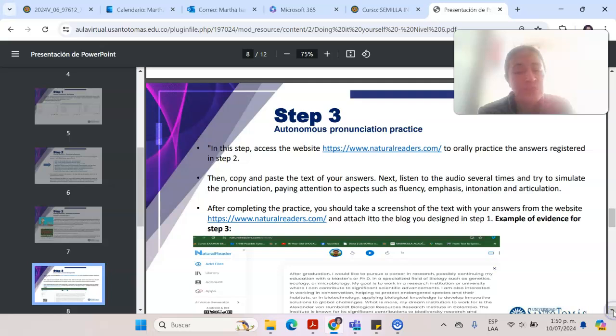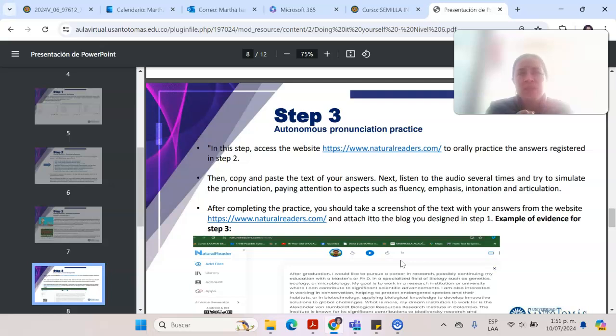Then we have step number 3. In step number 3, you need to complete the practice of Natural Reader, in which you have the previous answers from step number 2. Okay, so in this part you organize like a whole speech. That is the draft that you are going to share in your video.